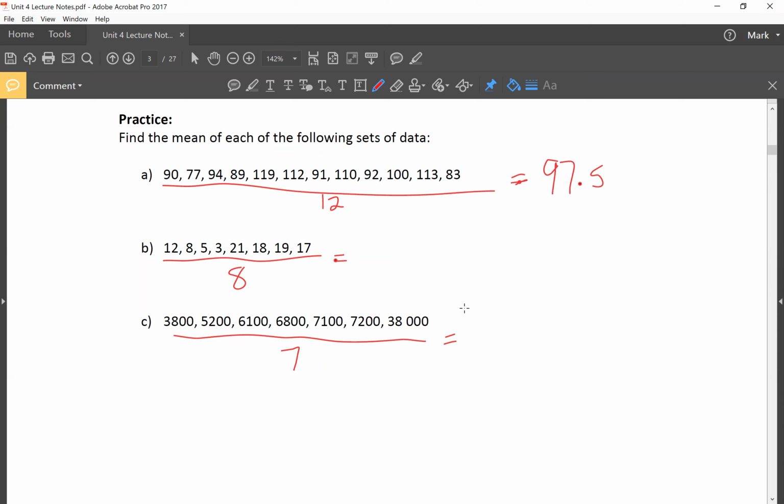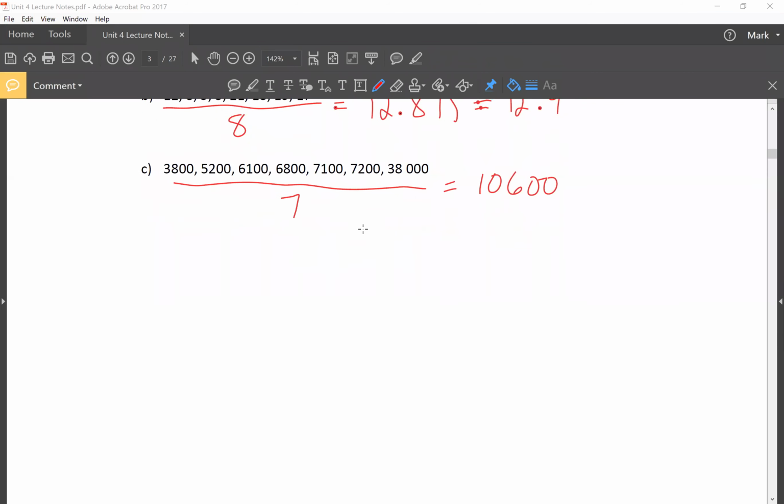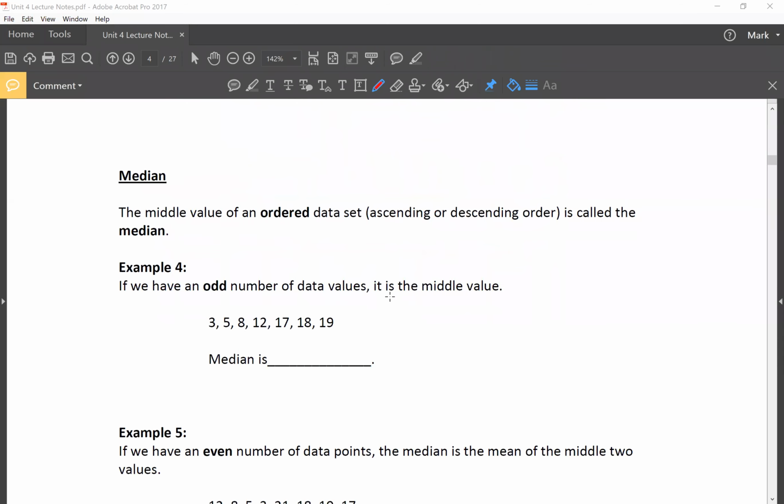All right, so for this one, I get 12.9, or you could say 12.875, 12.9, whatever you want. For C, I got 10,600. What did you guys get for C? Yeah, okay, same as me. Cool. All right, let's look at the next one.